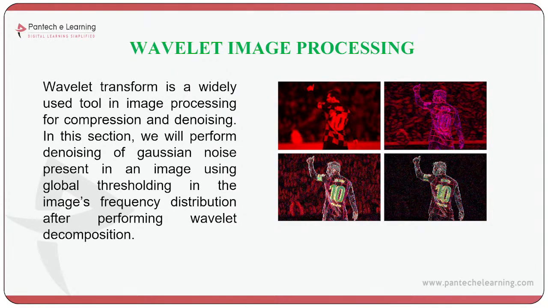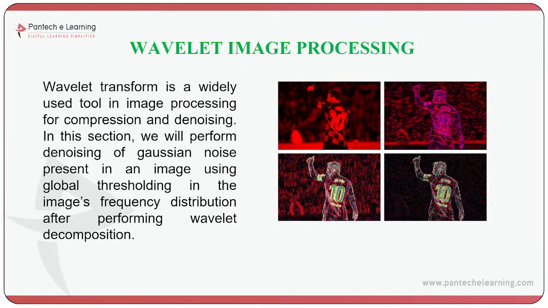This is also a mathematical tool, and it can be represented in single image signals at various scales and resolutions. Thresholding processes and so on can be used with wavelet image processing.